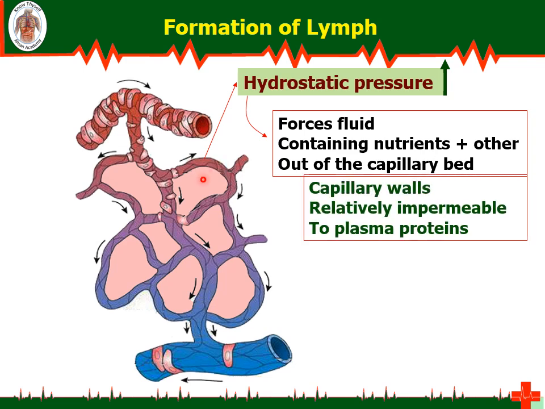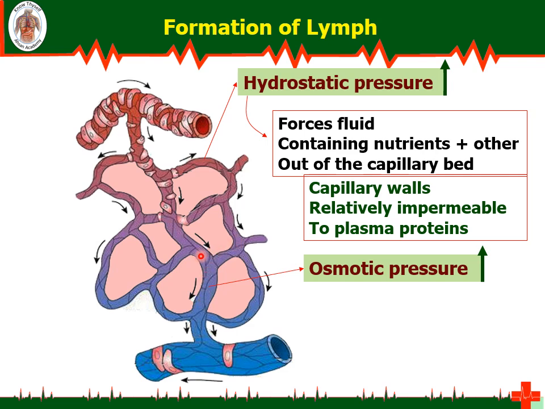But the capillary wall is relatively impermeable to plasma protein. Plasma proteins are larger molecules that remain. So as water fluid is reduced, the concentration of plasma protein increases distally, and the osmotic pressure rises.